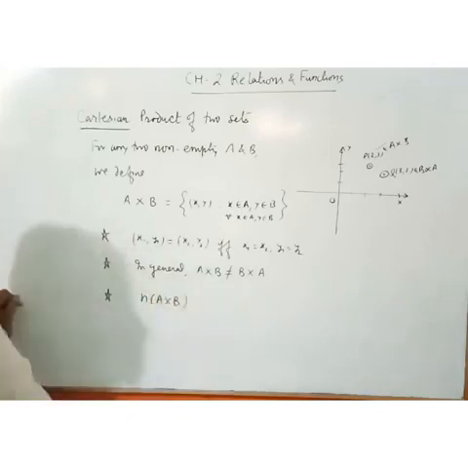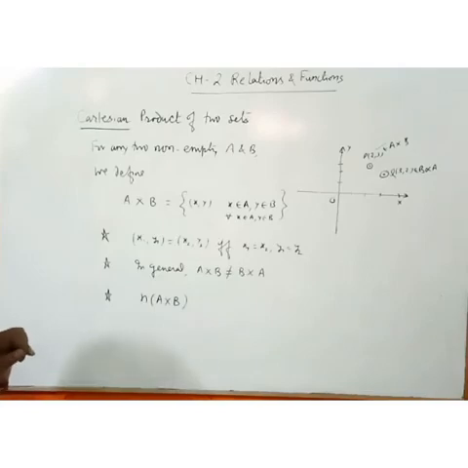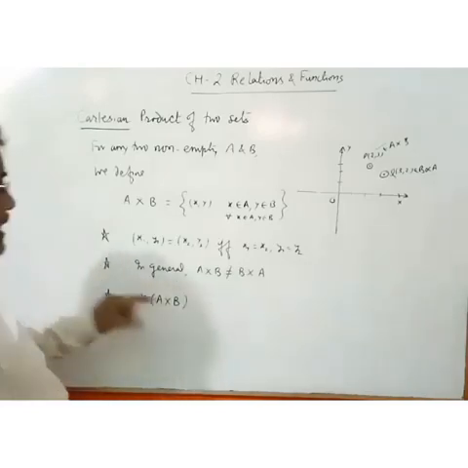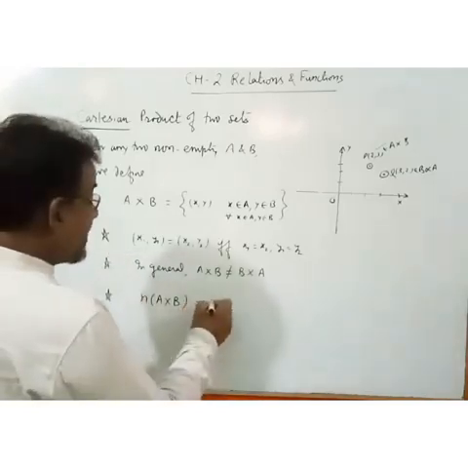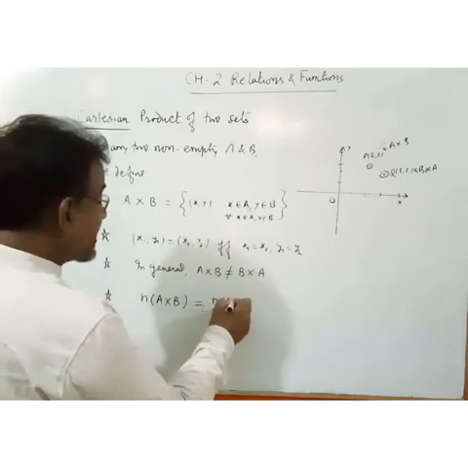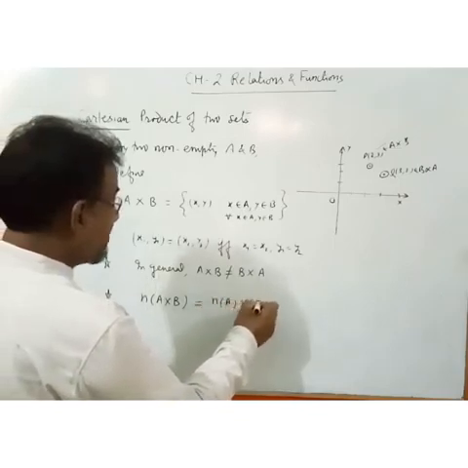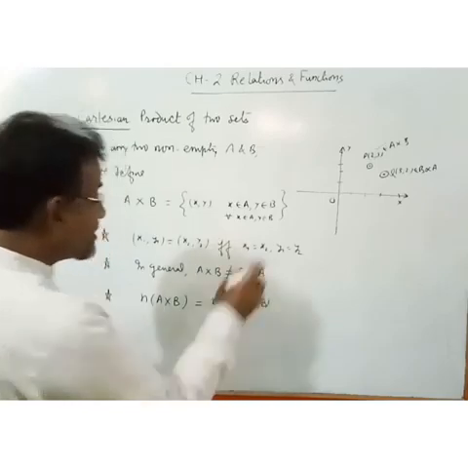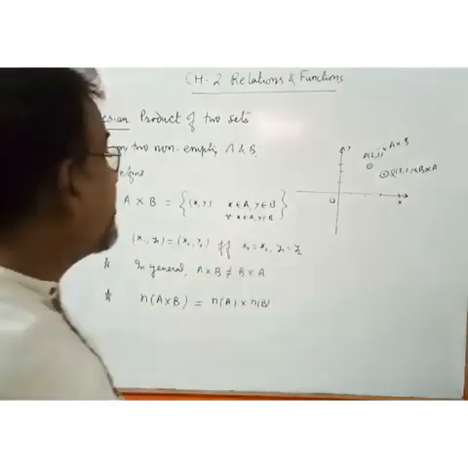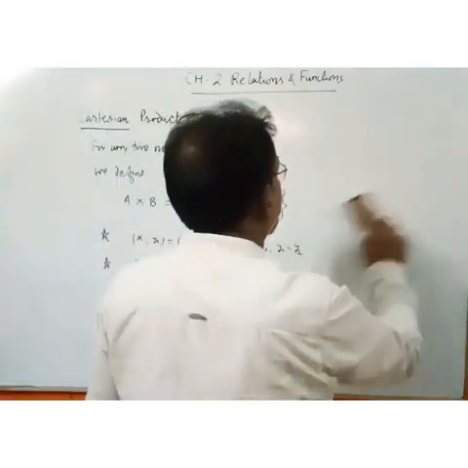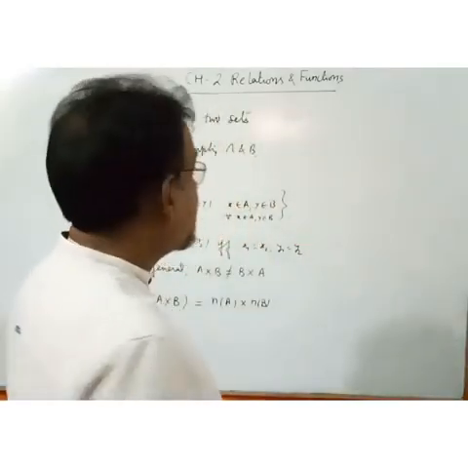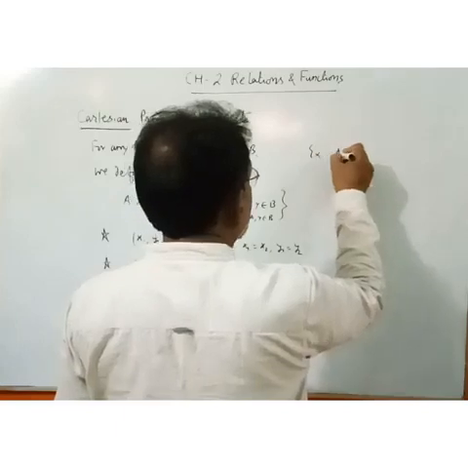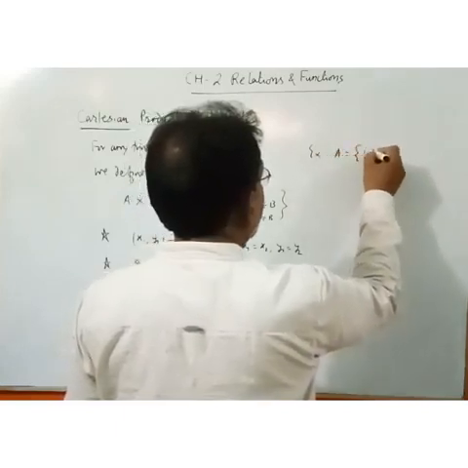Next, number of elements in A cross B. How many elements will be there in A cross B? That will be equal to the number of elements in A multiplied by the number of elements in B. Let us verify this aspect with the help of an example.